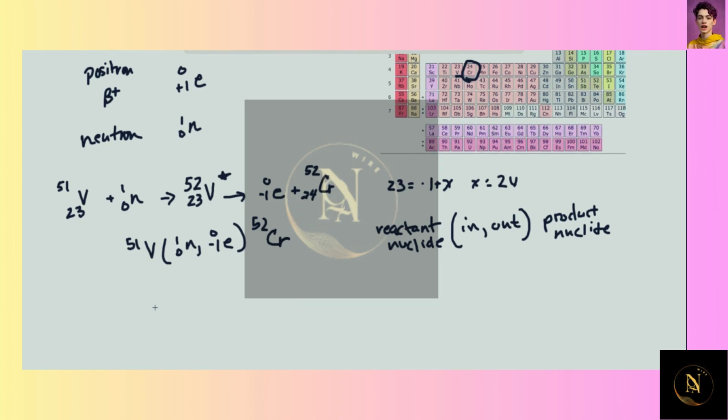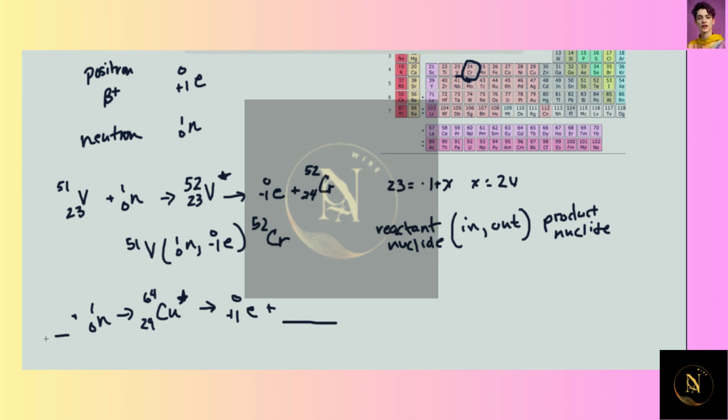For another example, we see the formation of the unstable nuclide, copper 64. This forms from the neutron bombardment of some element. And it produces, in this case, a positron, and then another element.